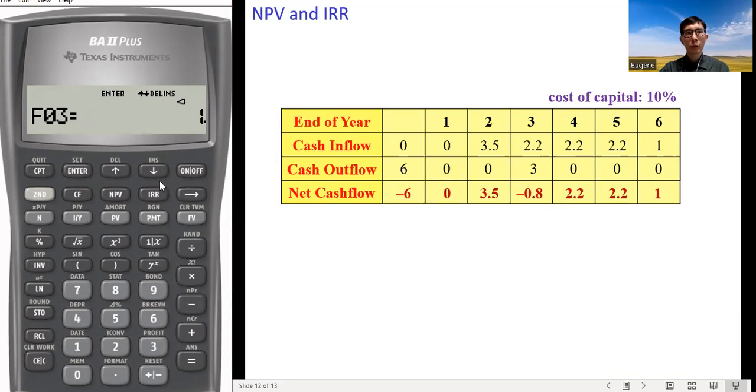And then the next amount, 2.2. $2.2 million for consecutive 2 periods, end of year 4 and end of year 5. So we entered 2 for F04. And then the last value, C05, corresponds to the profit in end of year 6, which is 1.